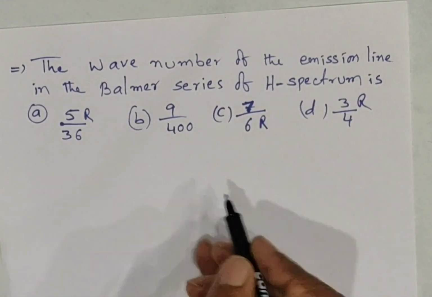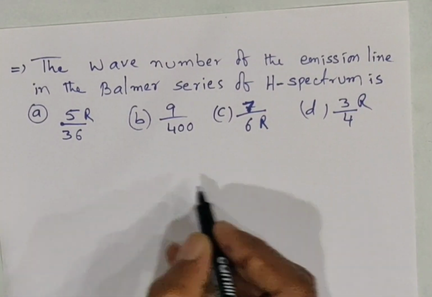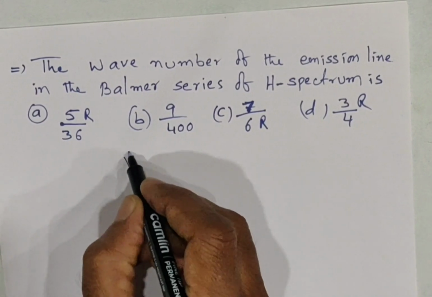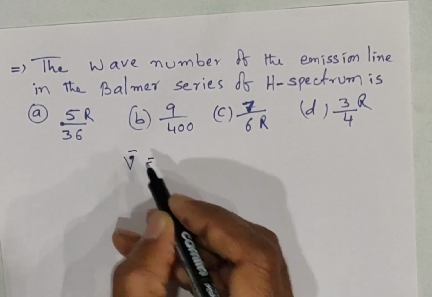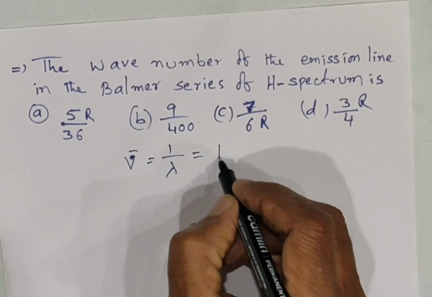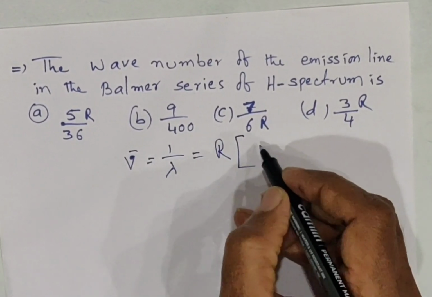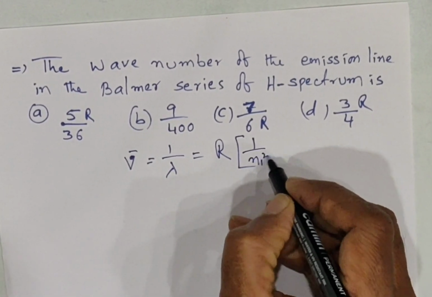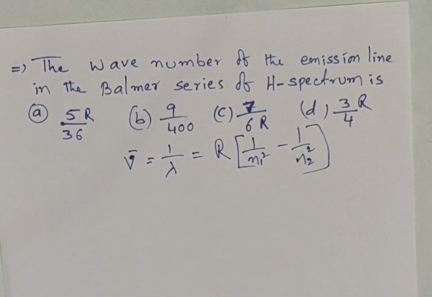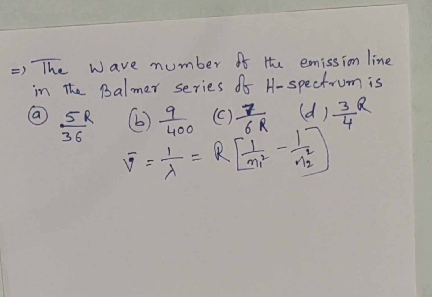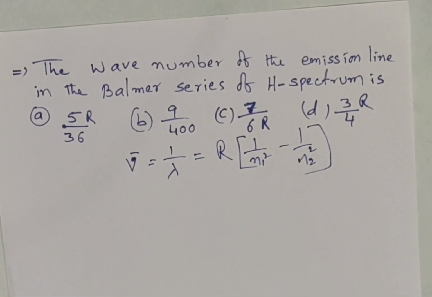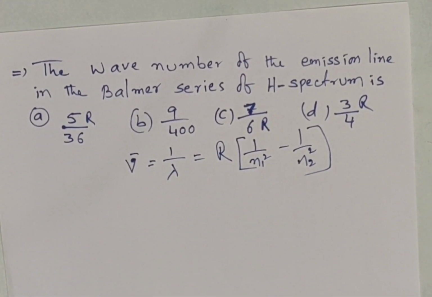He asked for the wave number, so you have to write the first mathematical expression: nu bar is equal to 1 by lambda, that is equal to R into 1 by N1 square minus 1 by N2 square. This is the expression to calculate the wave number or wavelength of spectral lines in the hydrogen spectrum.